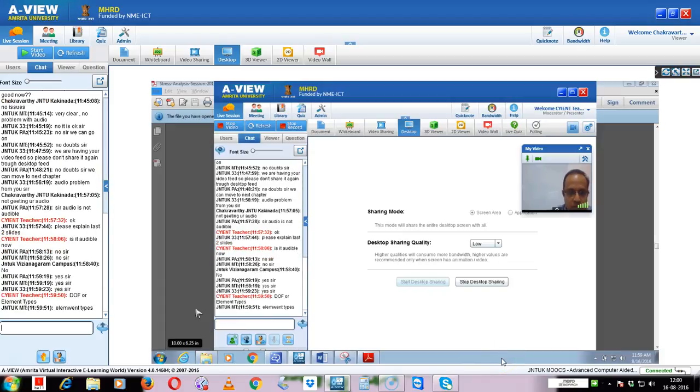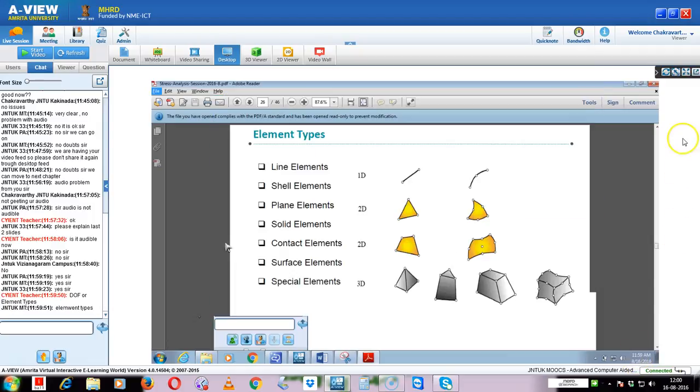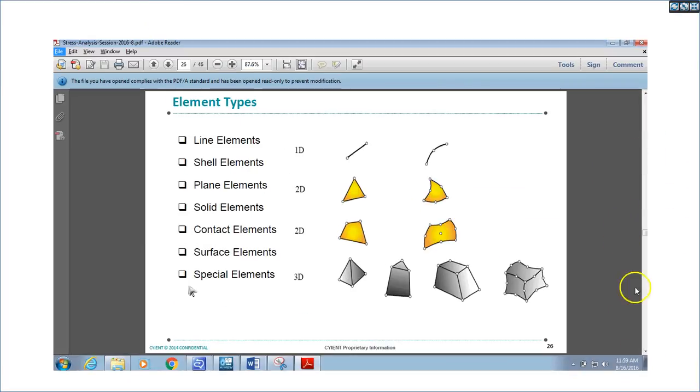On element types, we have several types of elements available.